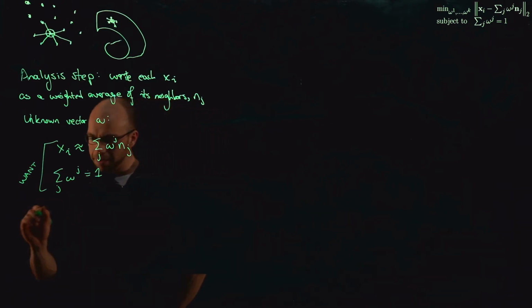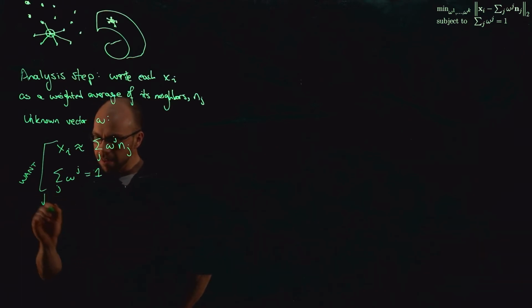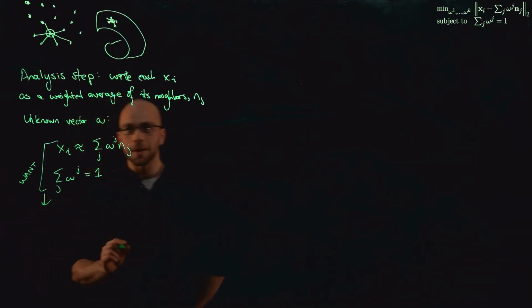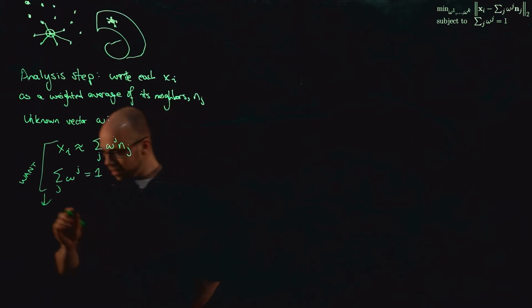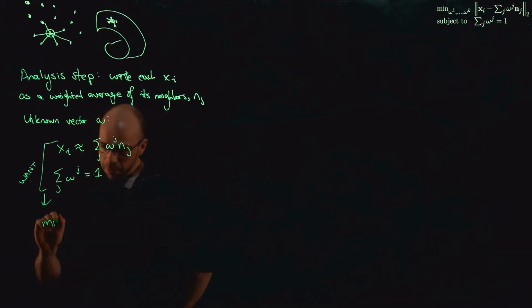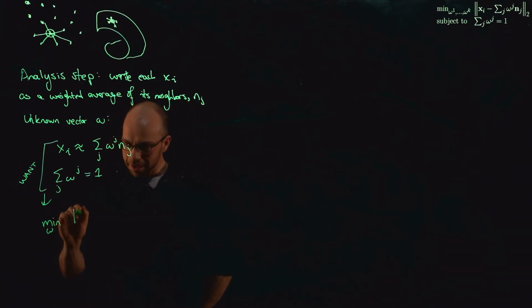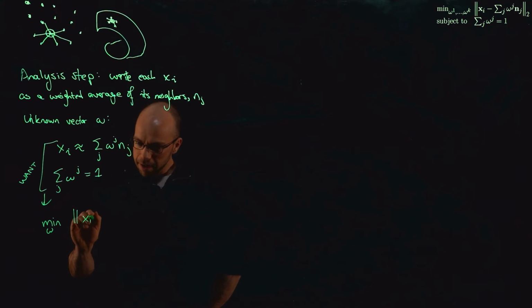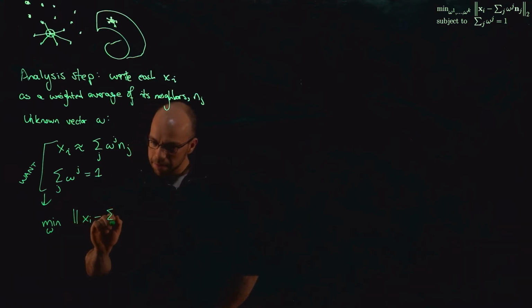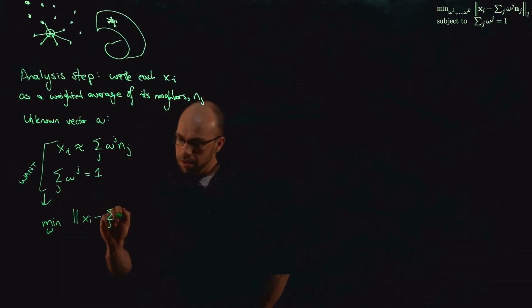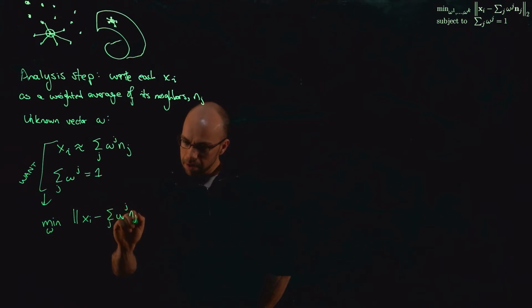So in particular, this leads us to an optimization problem that looks like the following. We're going to have the min over vectors w, or omega, I suppose, of the norm of x_i minus the sum over j of w_j n_j.